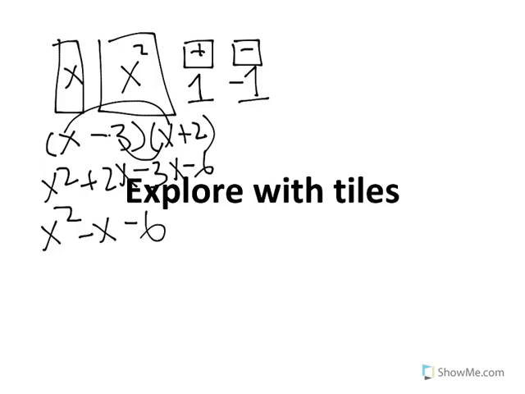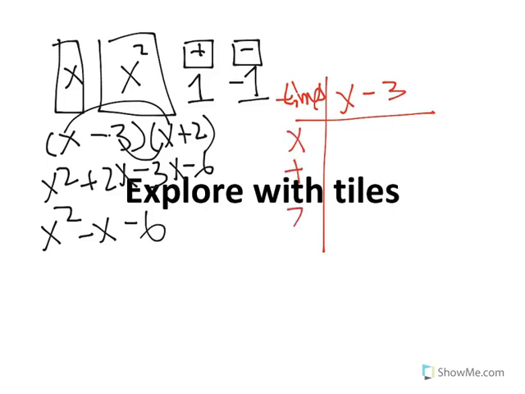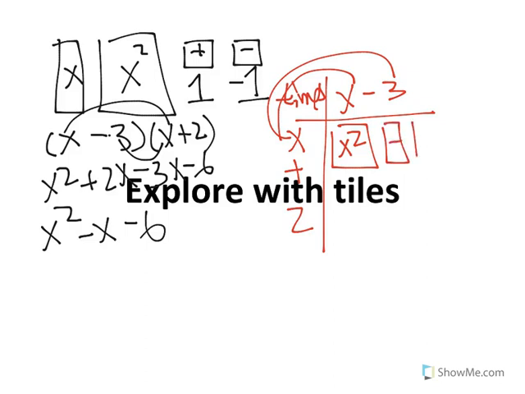Now let's try one using the tiles. So we have the expression x minus 3 times x plus 2. x times x is x squared, so we have an x squared. And x times negative 3 gives us negative 3x, which means we have negative 3 of these. Then 2 times x means we have 2 positive of these.